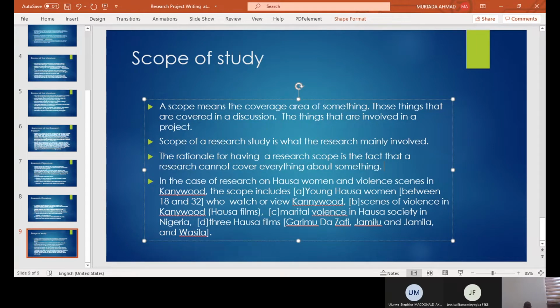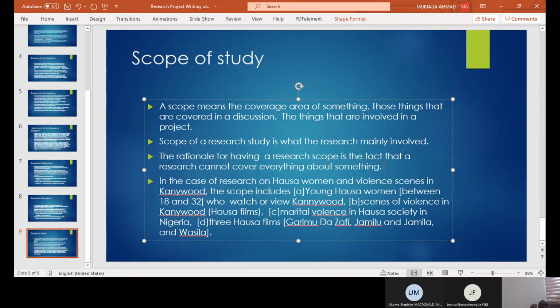And we say young Hausa women, and then we specify the age group. So we are not including old Hausa women in this. And we said scenes of violence in Kannywood. That is the focus. So films that do not contain violence, for example, we may not use.